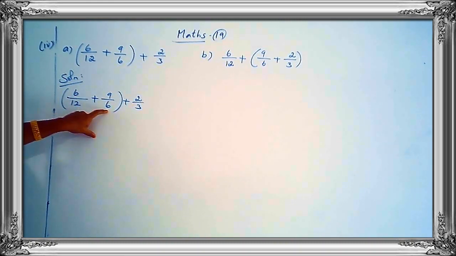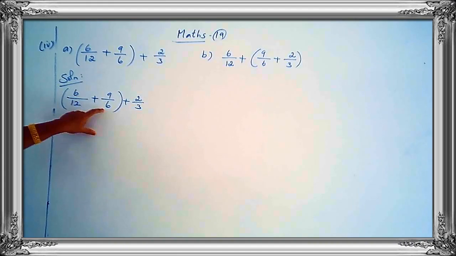Here 12, here 6. ஸோ மல்டிப்ளை பண்ணும்போது பிக் நம்பராக வரும். ஸோ LCM மெத்தட் யூஸ் பண்ணலாம். கிராஸ் மல்டிப்ளிகேஷன் மெத்தட் யூஸ் பண்ணாலும் ஆன்சர் சேமாக தான் வரும், LCM மெத்தட் யூஸ் பண்ணாலும் ஆன்சர் சேமாக தான் வரும். பட் here denominator have big number, so that's why use our LCM method.